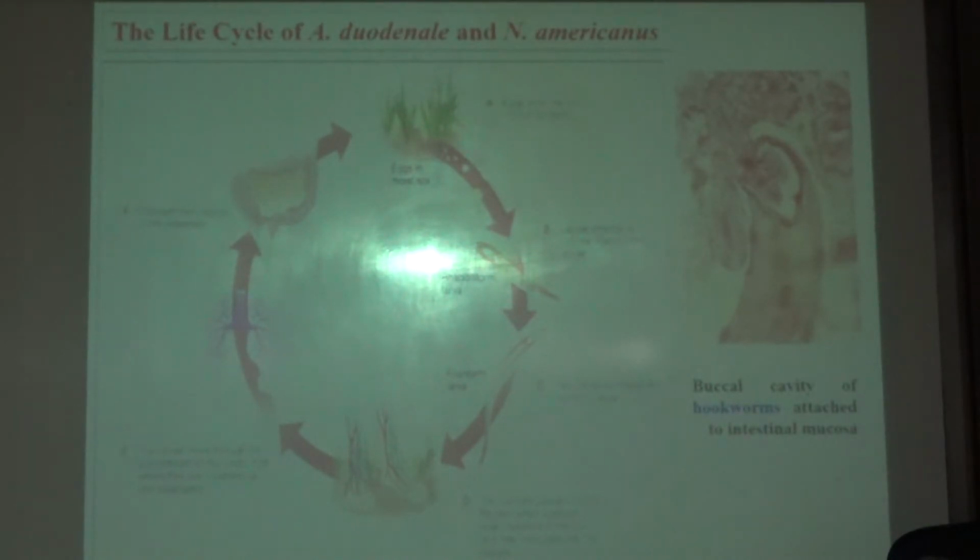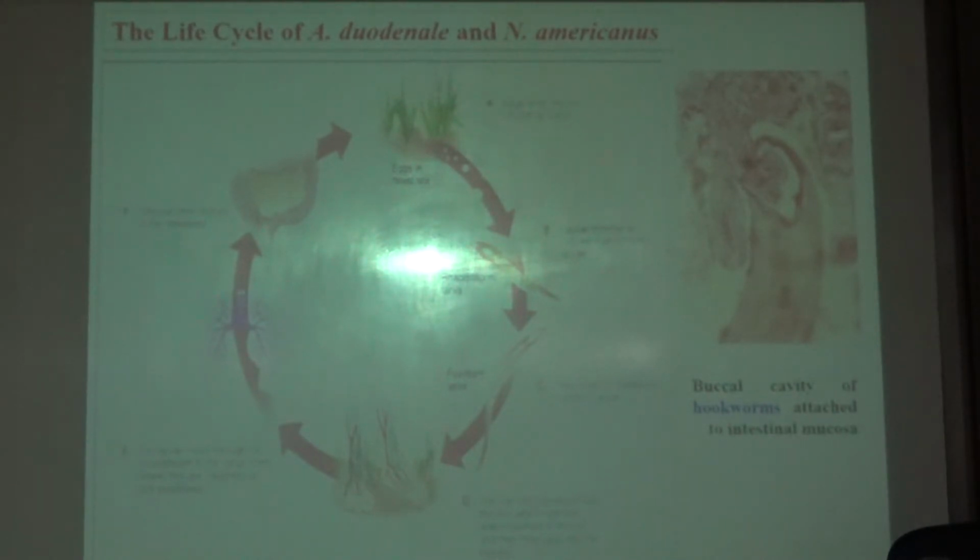Life cycle of Ankylostoma duodenale and Necator americanus. If you see, this is the beginning here. Basically eggs may develop into 2 types of larvae, rhabditiform larvae and filariform larvae. This filariform larva is the infective form.